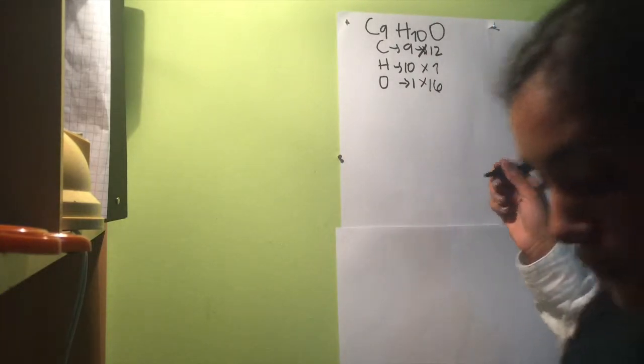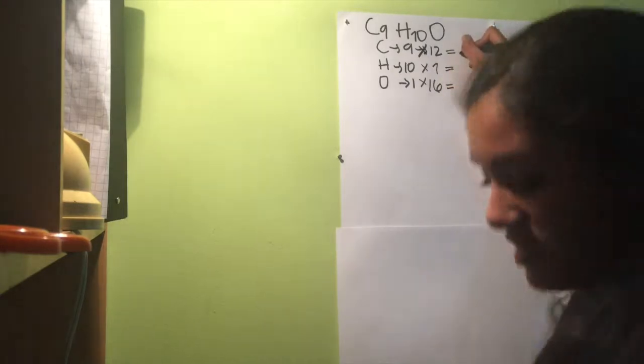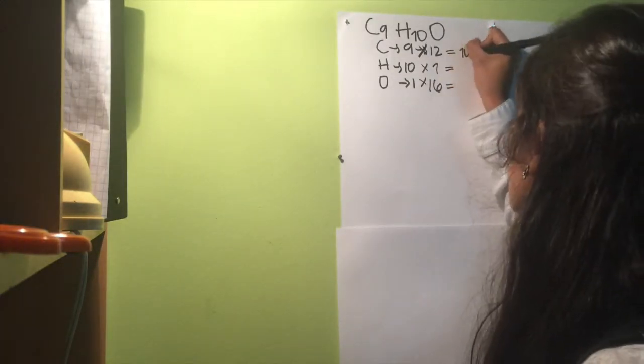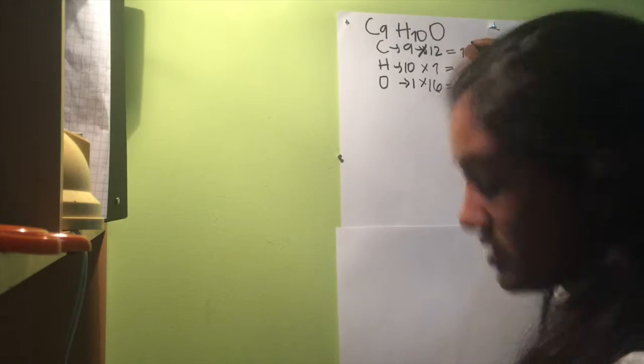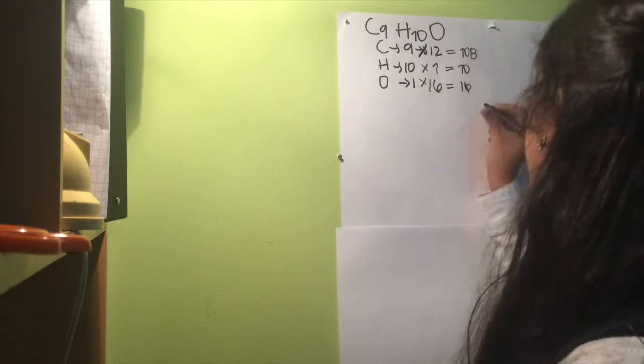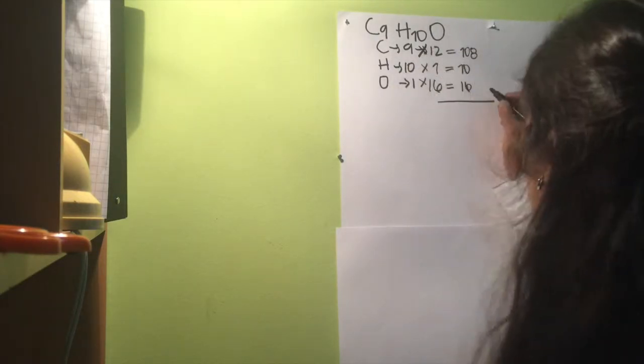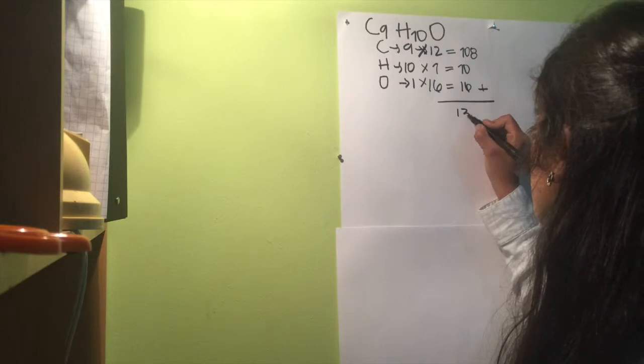Now you multiply all these, and this gives you 108 for carbon. Down here we have 10, and down here we have 16. Now you add all these, and it's going to be 136.